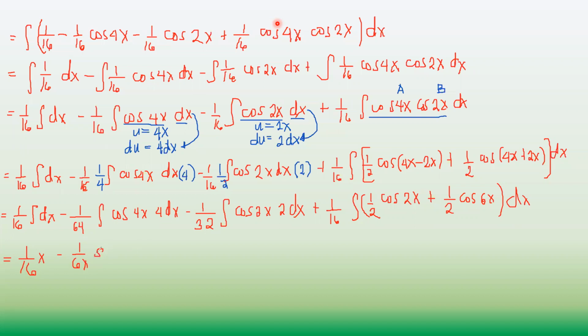Kaya magkakaroon ka ng 1/64 sine u or sine 4x na iyan. Minus 1/32 cosine u du. Again, ay sine u. Kaya 1/32 sine u, or ang u mo dito ay 2x. Kaya sine 2x tayo diyan.